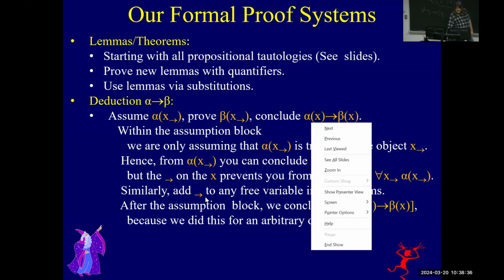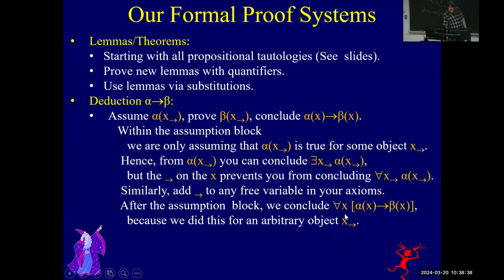So the thing here is what we want. If we assume this and we prove this, then we want to conclude that no matter which object we had up here, if you assume alpha is true for that object, then beta is true for that object, right?